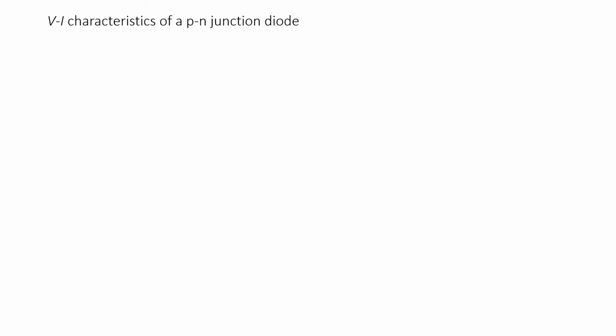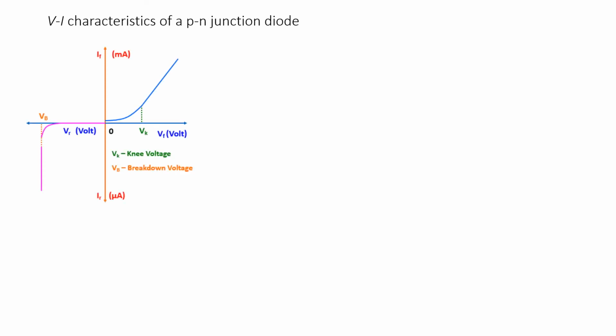Having studied a p-n junction diode in forward and reverse bias, we will plot the variation of current, whether it is a forward current or a reverse bias current, with respect to the voltage variation. Please see the graph.